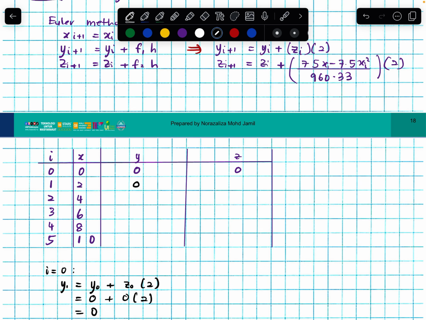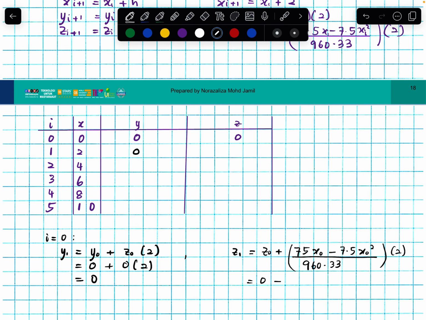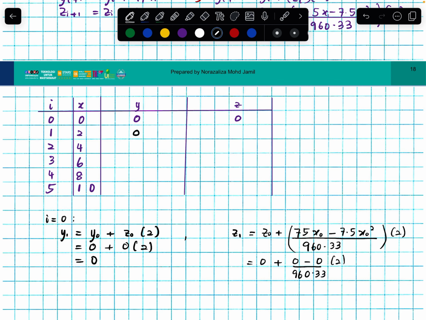So the second value of y is still 0. Now let's calculate z1 at the same iteration. z1 is z0 plus (75x0 minus 7.5x0²) over this value times 2. z0 is 0 and x0 is 0, so the first value of z is 0 as well.